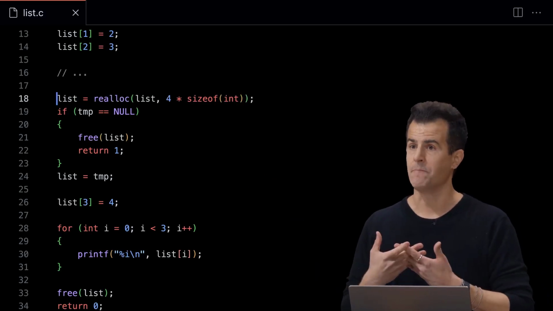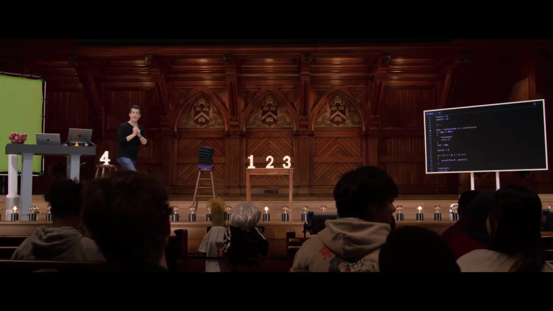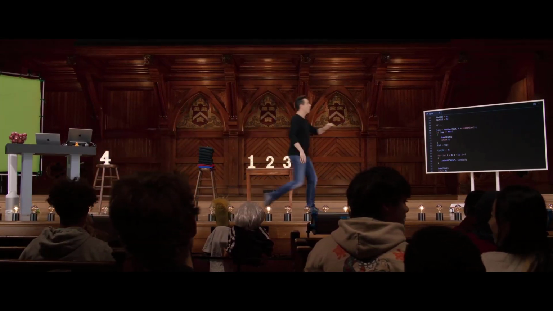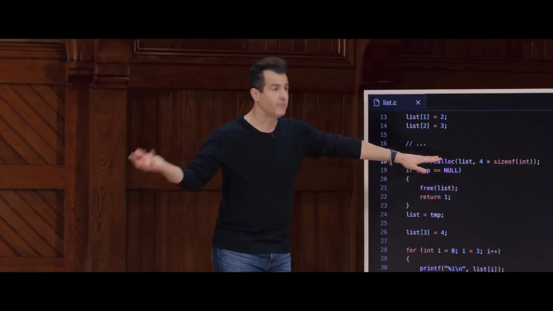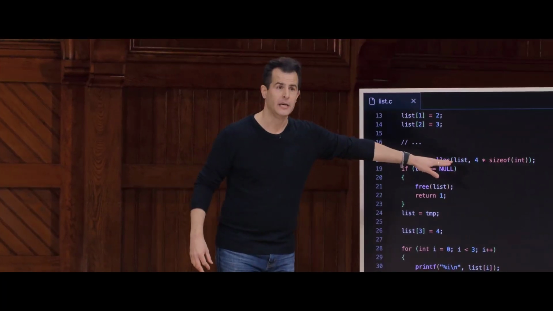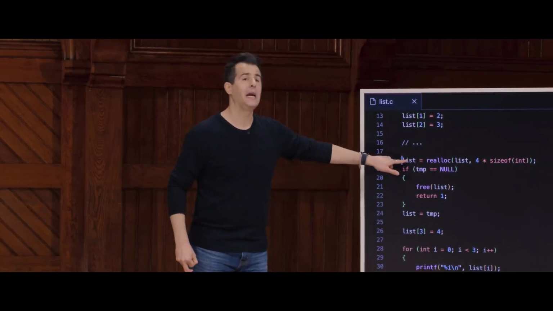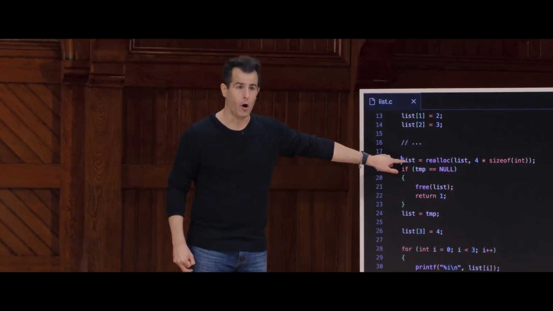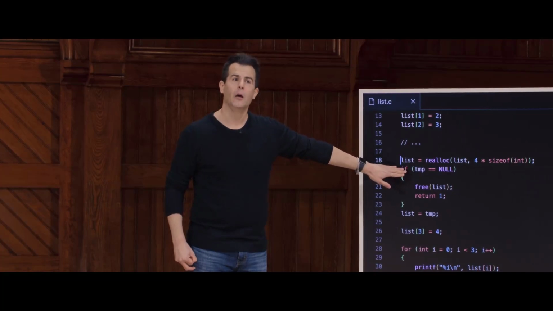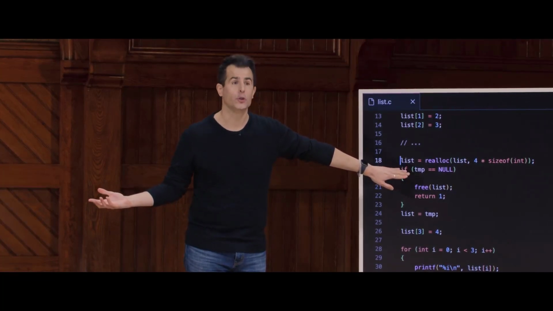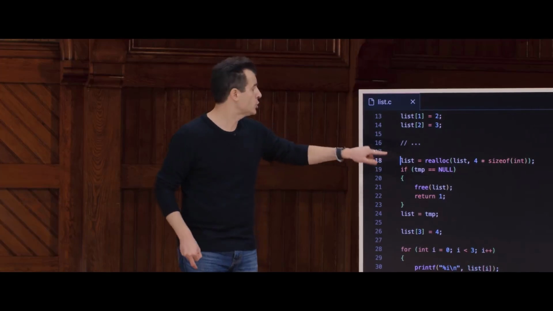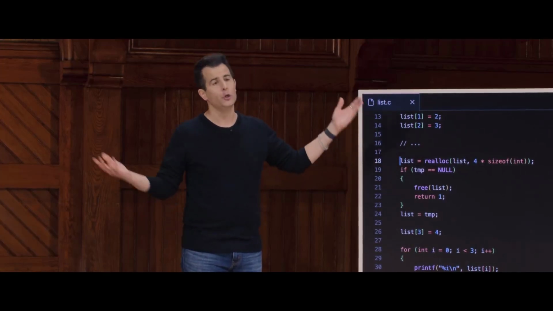OK, so let's not introduce temp. Let's just use list. But here's where a memory leak might happen. In the off chance realloc fails and doesn't have enough memory for your 4 bytes, therefore, it returns by definition null. You can't overwrite the original value of list with null to then check it. Why? Because now who remembers where the original 3 bytes were? If you prematurely change the value of list, you've lost.